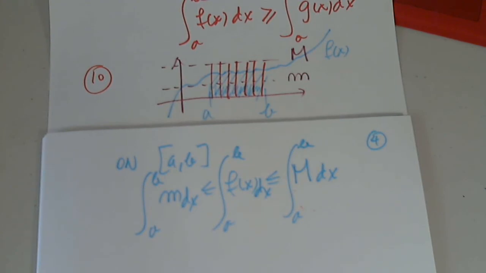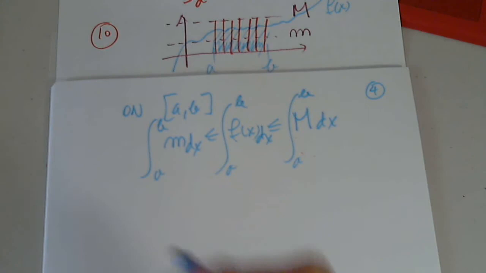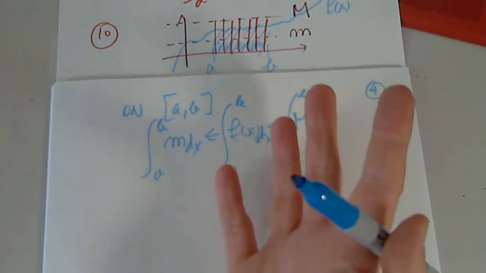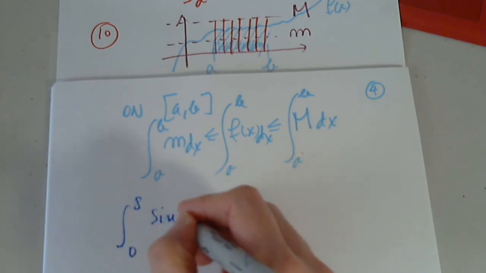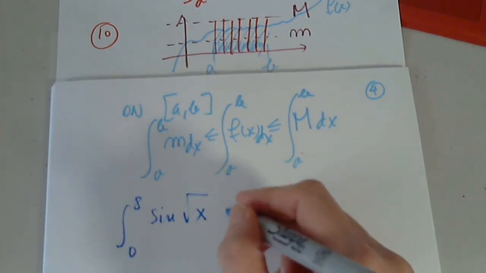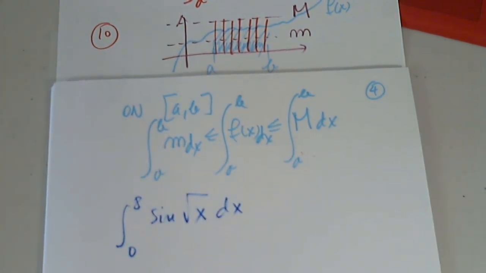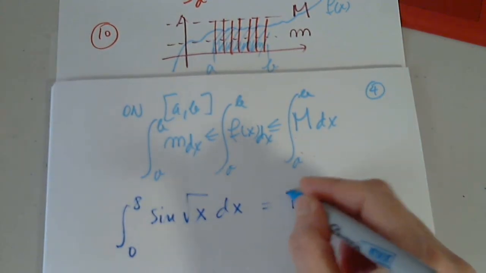Okay, I would like us to choose a function for which we cannot determine the antiderivative. Just a quick refresher. Let's say something like the integral from 0 to 8 of sine of the square root of x dx.